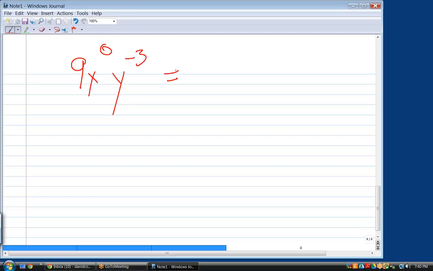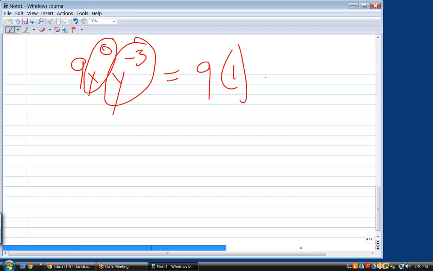Let's take this piece by piece. The number is 9. What's x to the 0 equal to? 1. What's y to the negative 3 equal to? Would that just be y to the power of 3? 1 over y to the power of 3. So this whole thing becomes 9 over y to the power of 3.